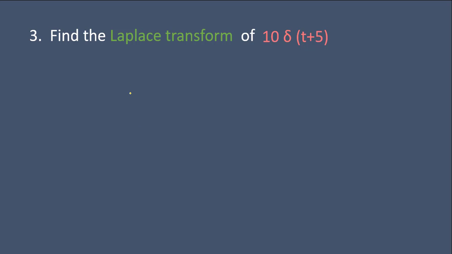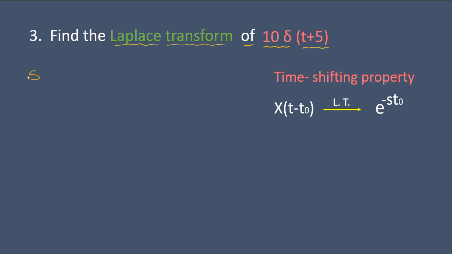The next question is, find the Laplace transform of 10 del of t plus 5. So again we can use the time shifting property to find the solution of this question. So I can write 10 del of t plus 5, and we have to find its Laplace transform.